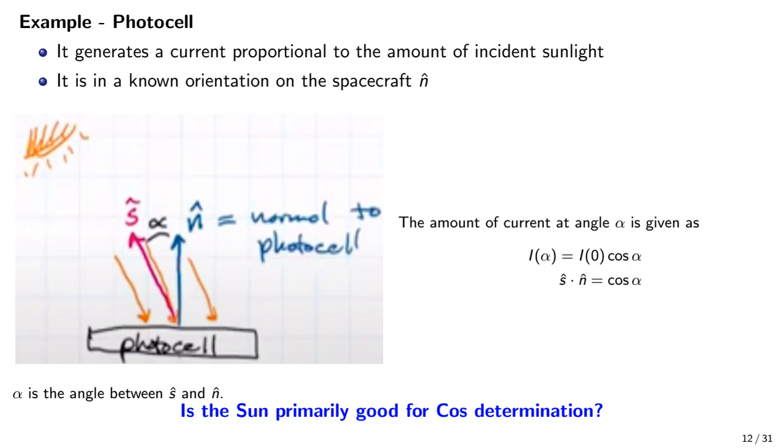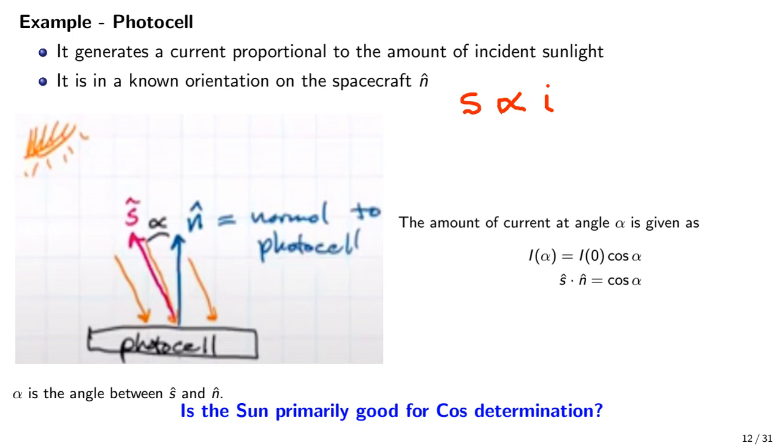It's S, proportional to the amount of incident sunlight. Okay, and it is in a known orientation on the spacecraft. You know where it is on your spacecraft, of course, because you're fixing it there.